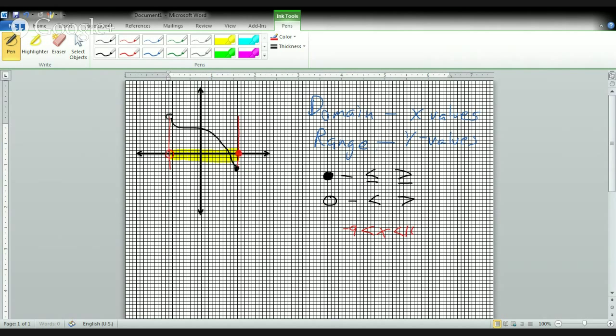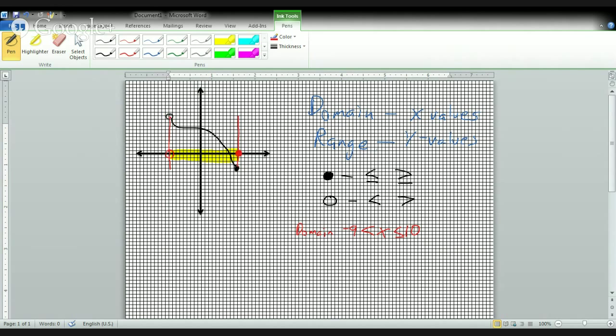So this is 10, but notice this is a filled in dot, which means it can include 10. So what this tells me, my domain, are x values that are greater than -9, but less than or equal to 10.